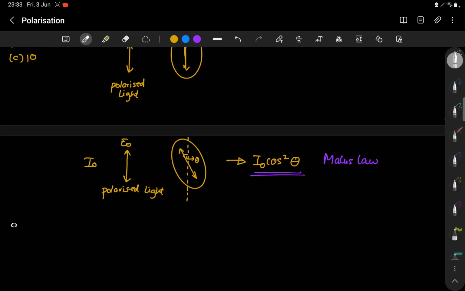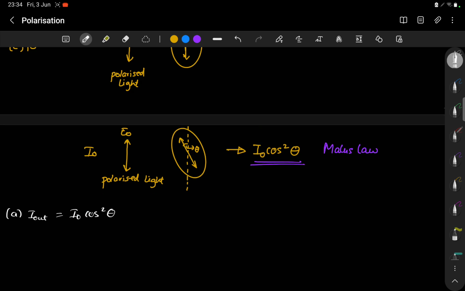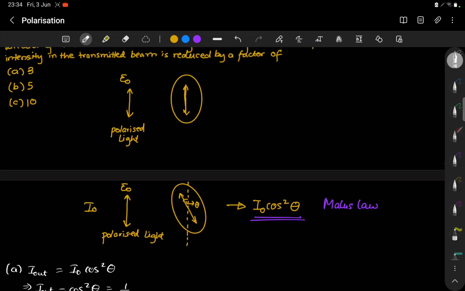So for part A, this is the output intensity, and this ratio we want to be 1 over 3 because it is reduction by a factor of 3.